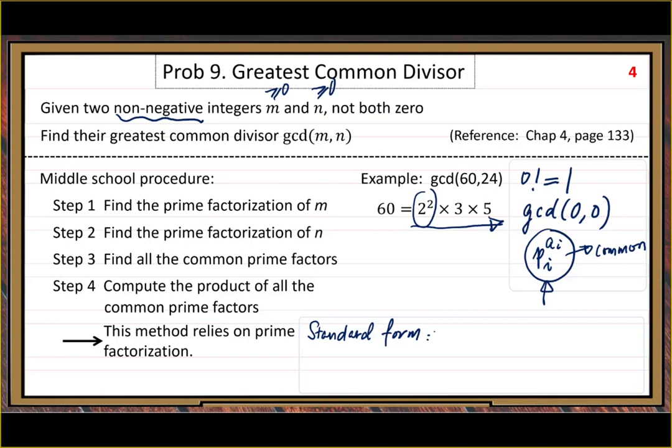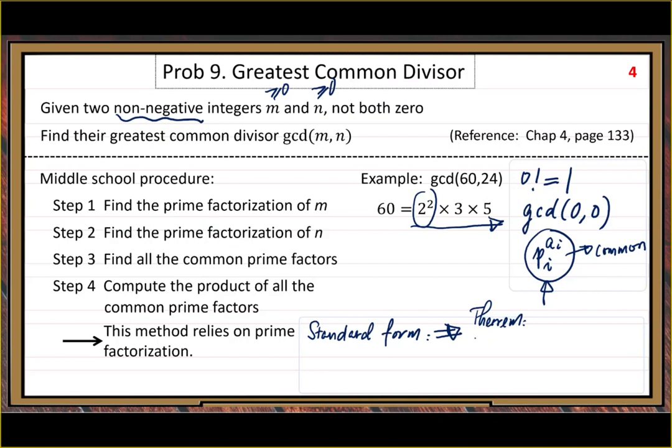That good result is a theorem. There is a big theorem in number theory, called the unique prime factorization theorem.